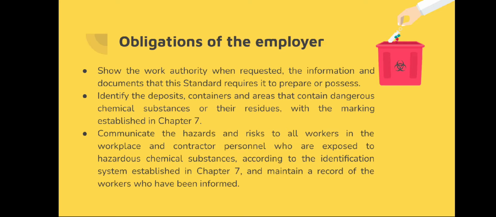Then communicate the hazards and risks to all workers in the workplace and contractor personnel who are exposed to hazardous chemical substances according to the identification system established in Chapter 7, and maintain a record of the workers who have been informed.